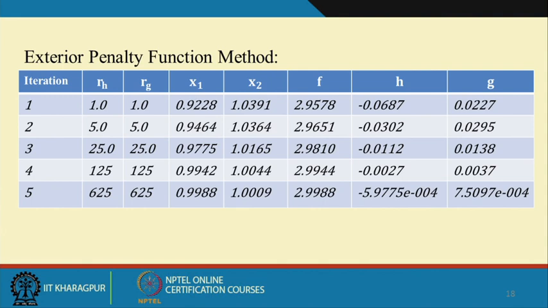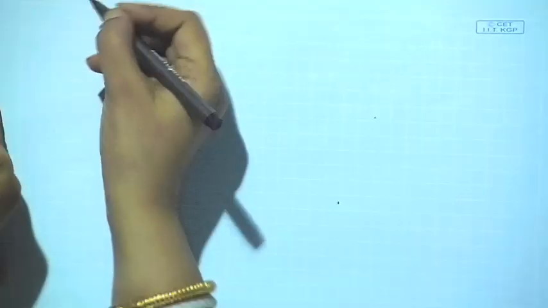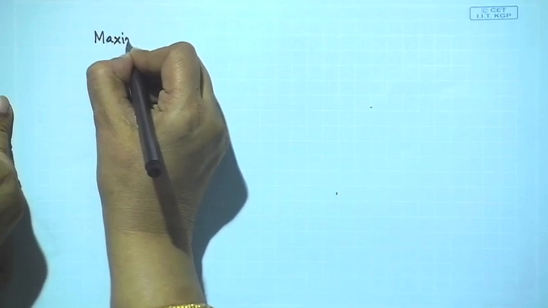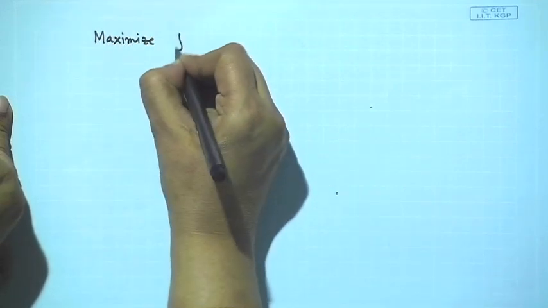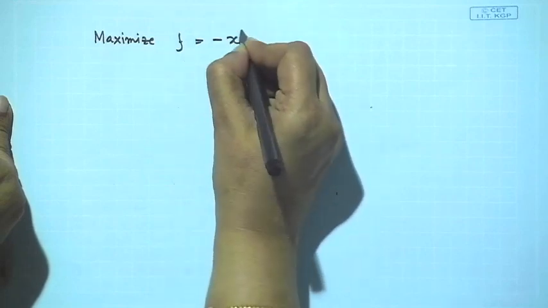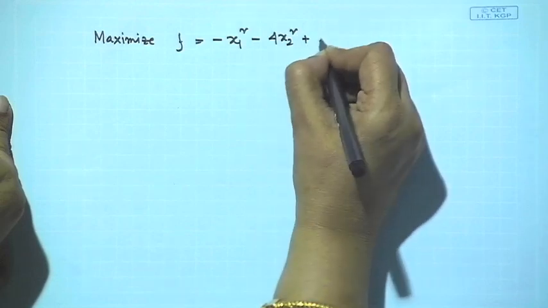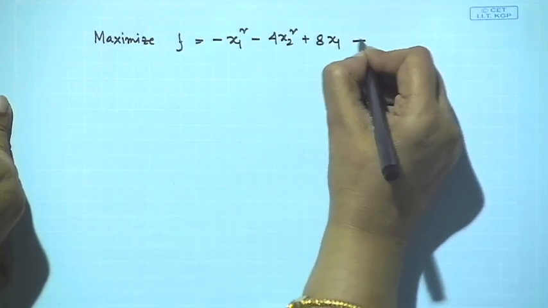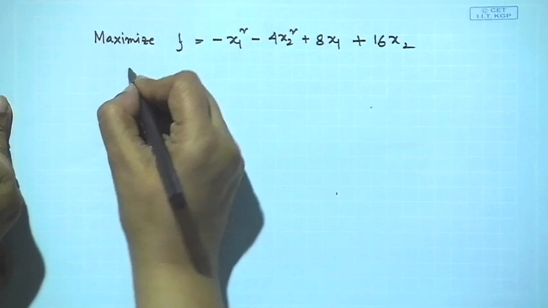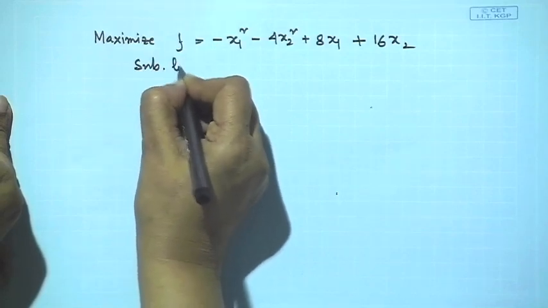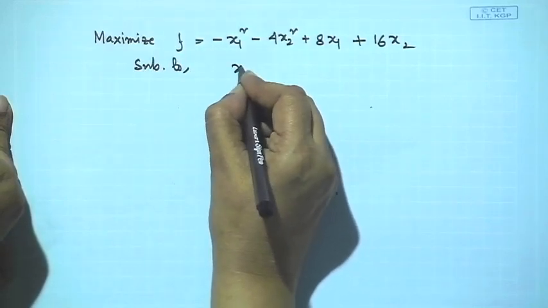Let me consider another problem that is of maximization type. See, the problem is plus 16 x2, subject to, this is a maximization type of problem.